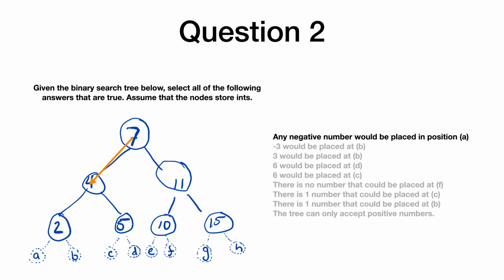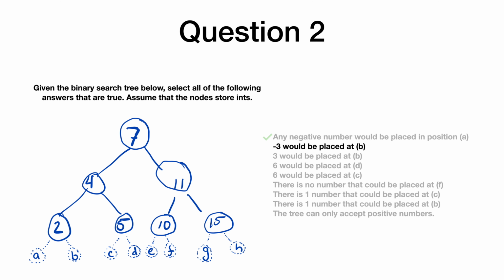And any negative number would be smaller than 4, which means we again would go to the left. And it would be smaller than 2, which means we would again go to the left. So yeah, any negative number would be placed at position A, right? So if we tried to insert any negative number or 0 or even 1, any number less than 1, it would go at position A. So yeah, that's true.